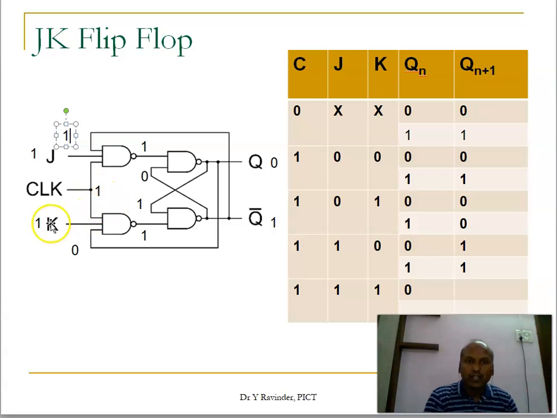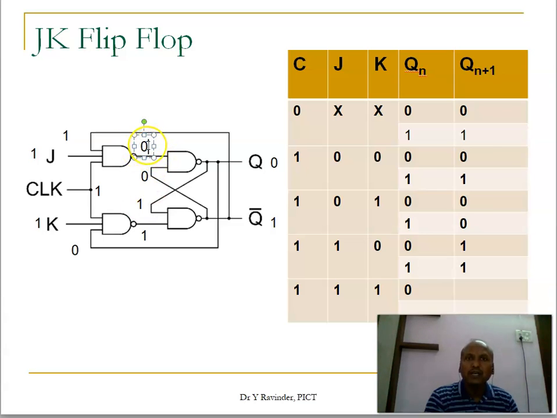So when this is 1, this is 1, this is 1, this is 1, the third input will decide what is the output. Now I'm assuming that this was 0, Qn was 0. So this 0 will go here, this becomes 1. This 1 will go here, this becomes 0. And this is 0. Right?